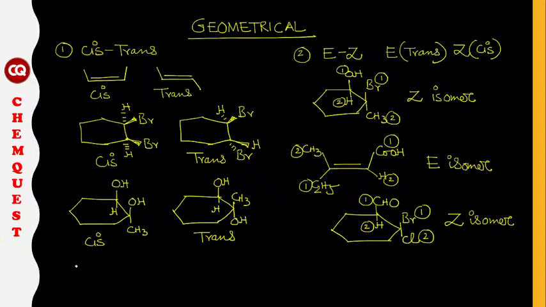These are the main topics. Cis-trans is related to the same type of group or same atom, but E-Z is related to same priority group.